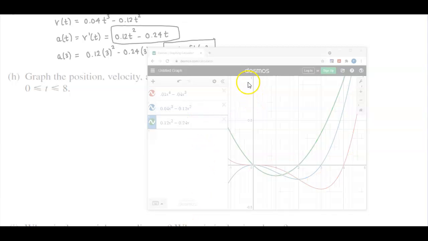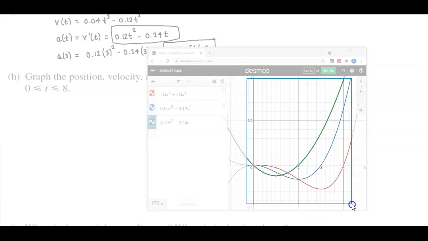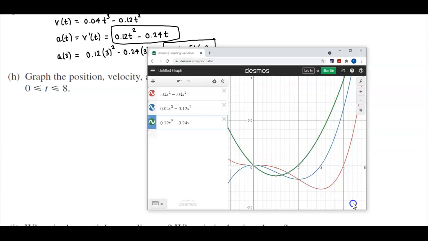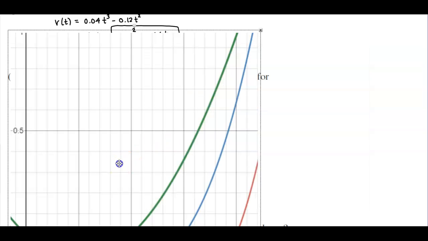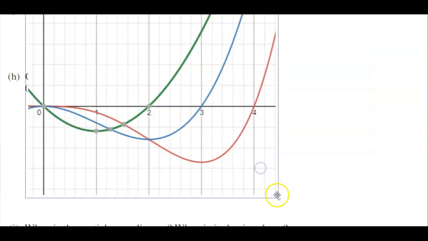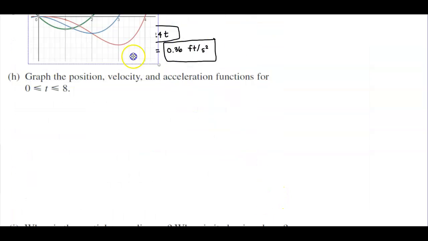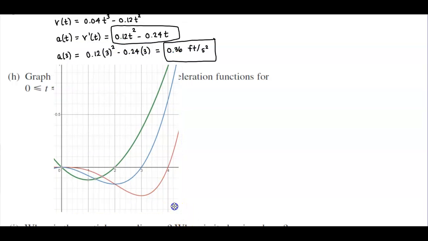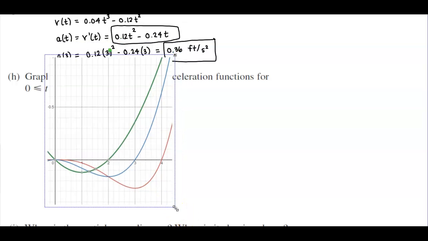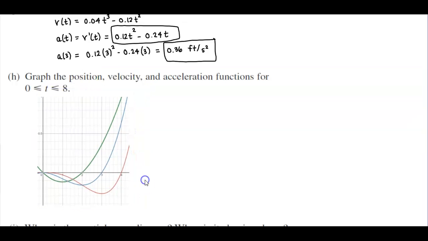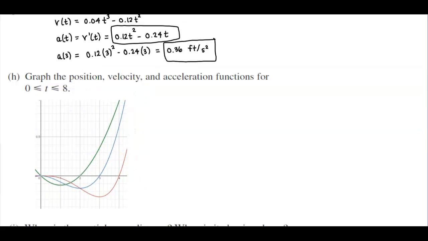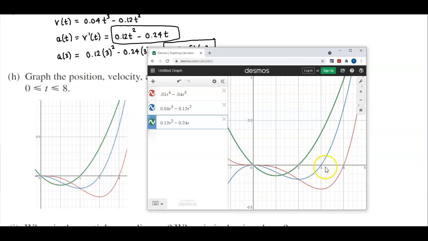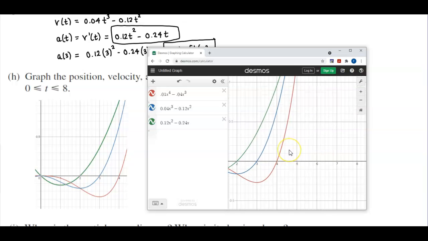So let me go ahead and copy that here. So we can see what's happening between 0 and 4. Okay, and then we're going to go all the way to 8. So let's take a look at what happens from 4 to 8.